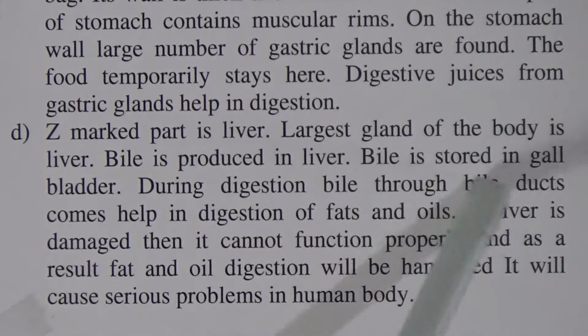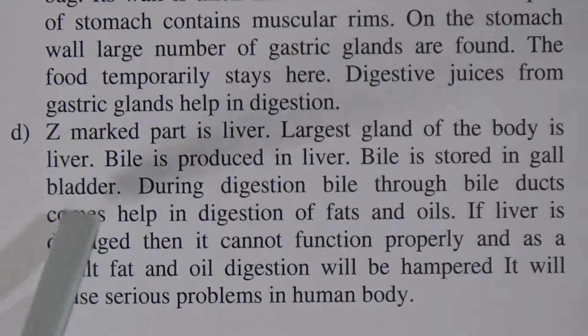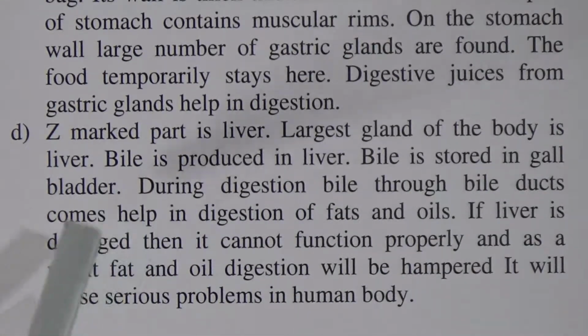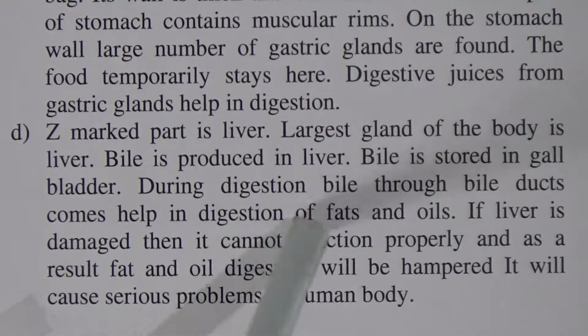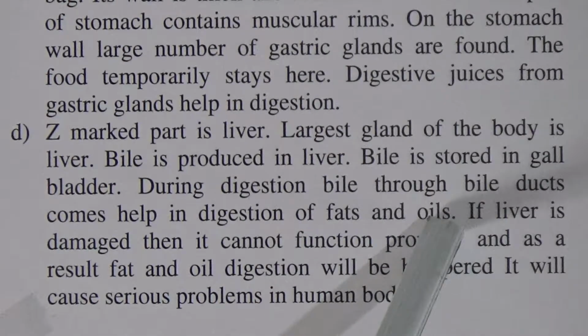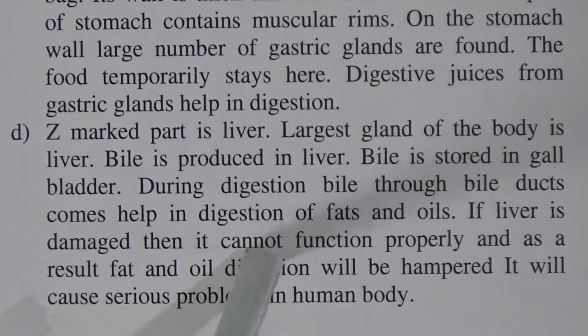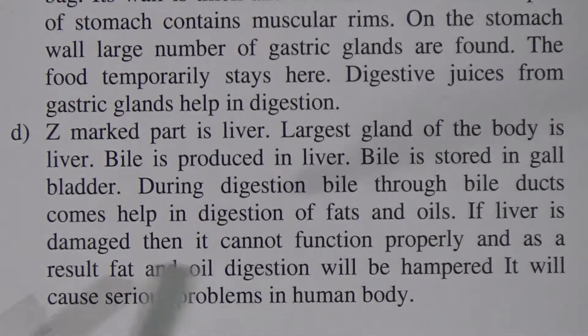Bile is stored in the gallbladder. During digestion, bile comes through bile ducts to help in the digestion of fats and oils. If the liver is damaged, then it cannot function properly, and as a result, fat and oil digestion will be hampered. It will cause serious problems in the human body.